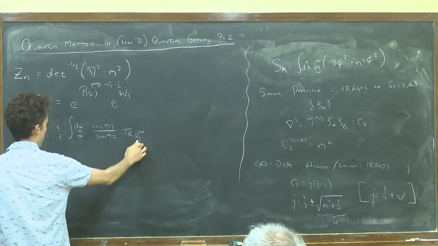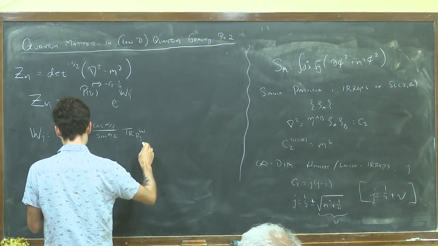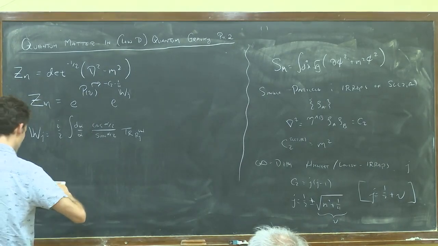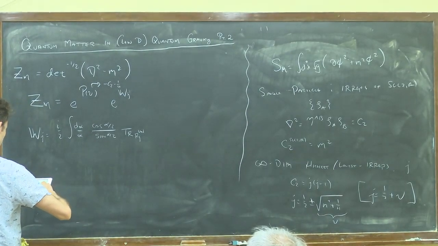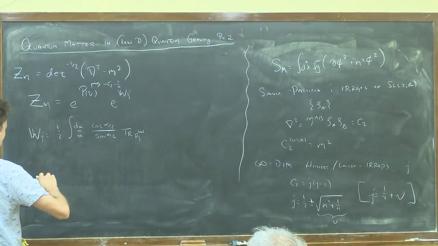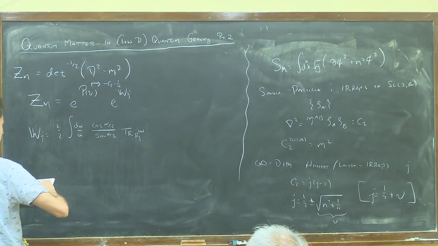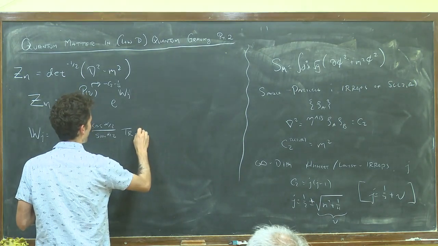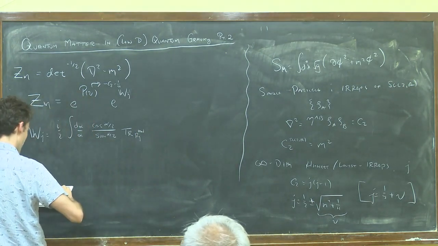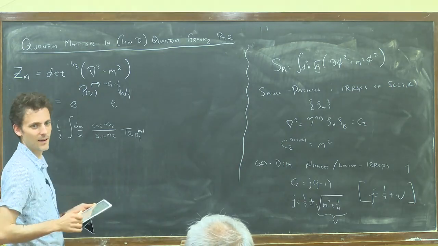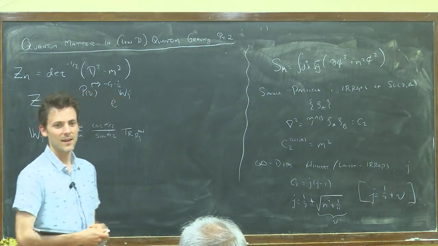This will be the lowest weight representation of J, although I have in my notes highest weight. Okay, I'm going to assume that I meant lowest weight, but no, I'm going to trust what I had written before. Okay. Lowest or highest depends on, I don't know, this is SL2R representation theory, right?